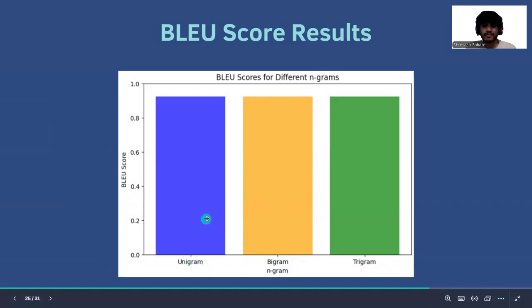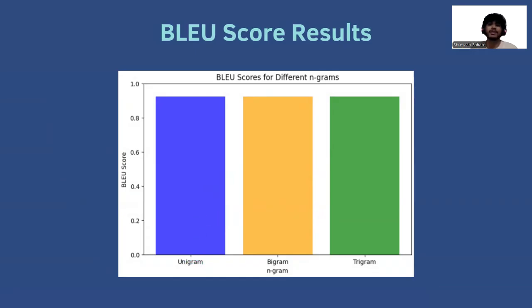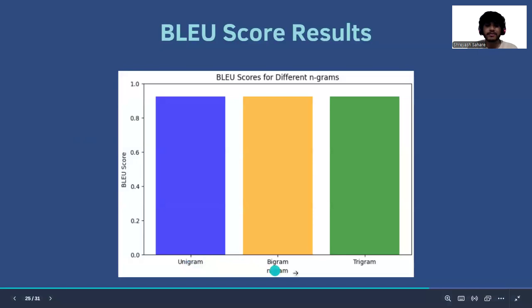In case of unigram, it only considers individual word matches between the ground truth and the predicted labels, and it basically calculates the similarity between the two, which is the basic gist of the BLEU scores. And here I used unigram, bigram, and trigram.